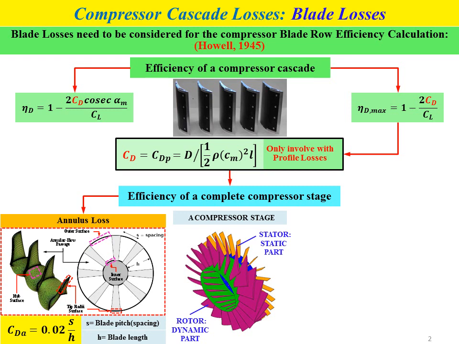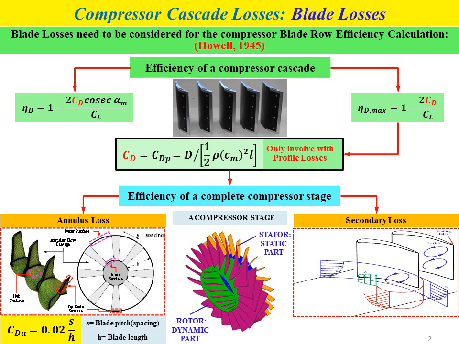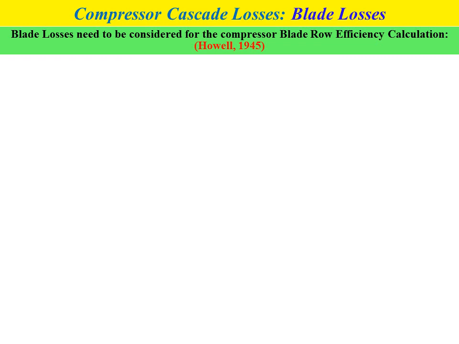The other blade loss considered by Howell is the secondary losses, which we can determine by using this formula, CDS equal to 0.018 CL square, where CL is the lift coefficient. According to the suggestion by Howell 1945, we need to consider other types of blade losses.